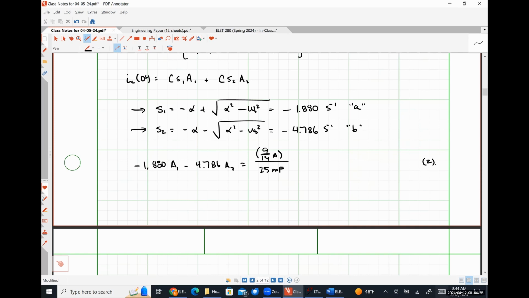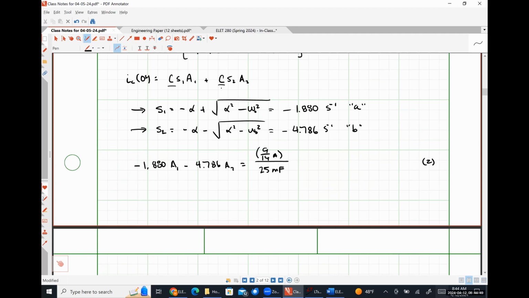All I did there was move this common factor of C over to the other side, so that I just have S1 A1 plus S2 A2 is equal to IC at 0 plus divided by C. That will let me put it in my calculator as lazily as I possibly can. Again, I want to do the least amount of work that I can do.